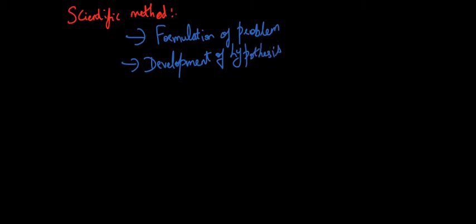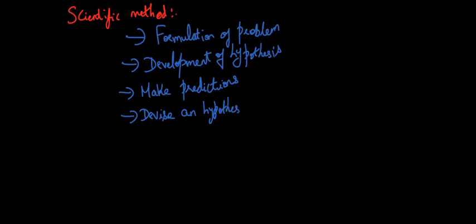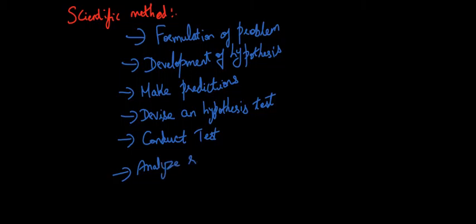When you develop the hypothesis, you make predictions based on the hypothesis, devise a hypothesis test, conduct the test, and analyze results. These are all the steps involved in the scientific method of research.